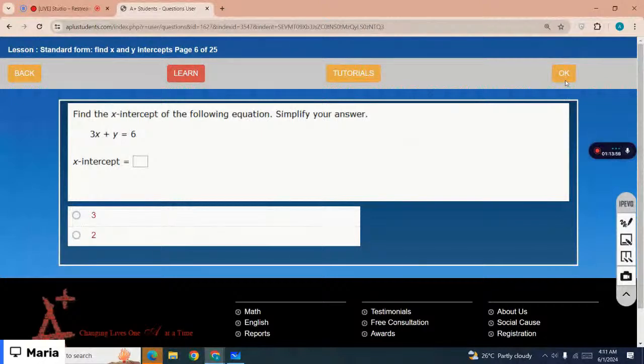Find the x-intercept of the following equation: 3x plus y equals 6. For the x-intercept, you need to put y equals 0. Which is the correct option?